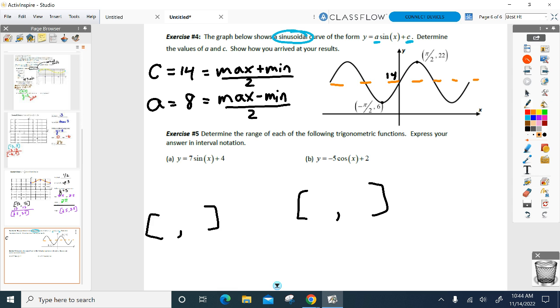How's it going, all right? How's -3 to 11 work for A? -3 to 11. And then for B, -3 to 7.